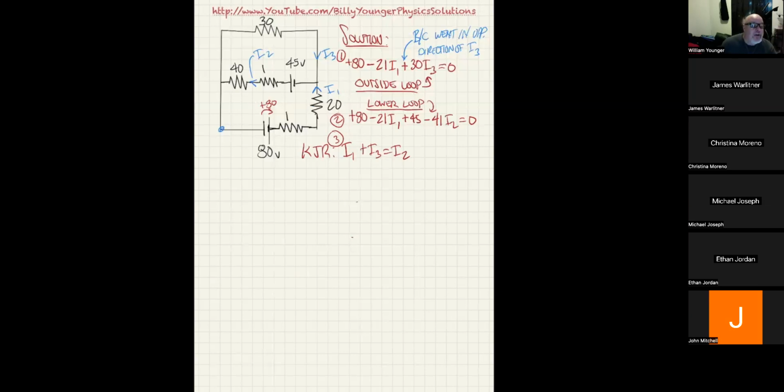But now the next process I'm going to go through in solving this system is I'm first going to take equation 3, and I'm going to solve that for I3. So this implies, I'll call that new equation 3 prime, that I3 is equal to I2 minus I1.